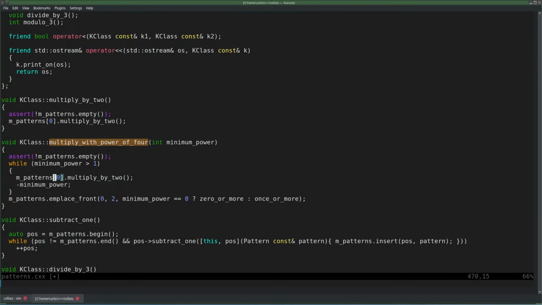But if this overflows, that is nonsense. I'm going to do just times 4. That's perfectly okay. Pattern multiply by 4.